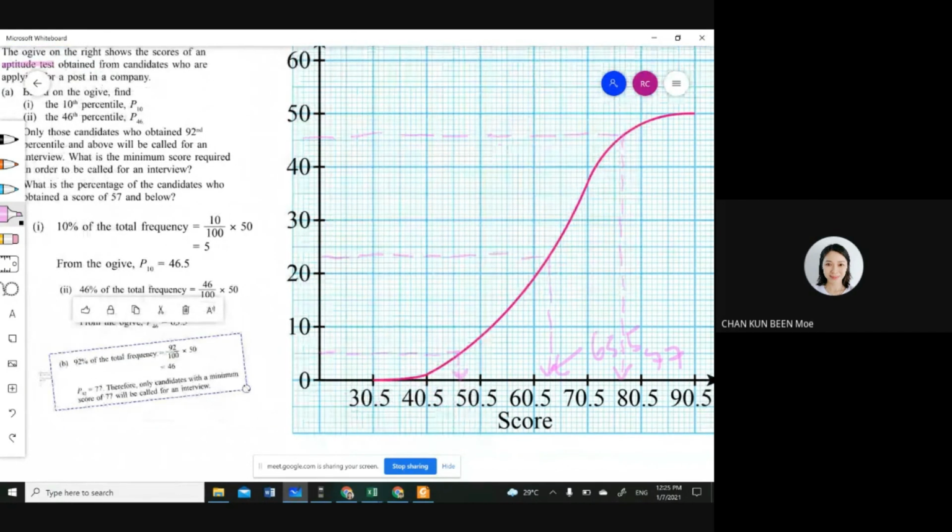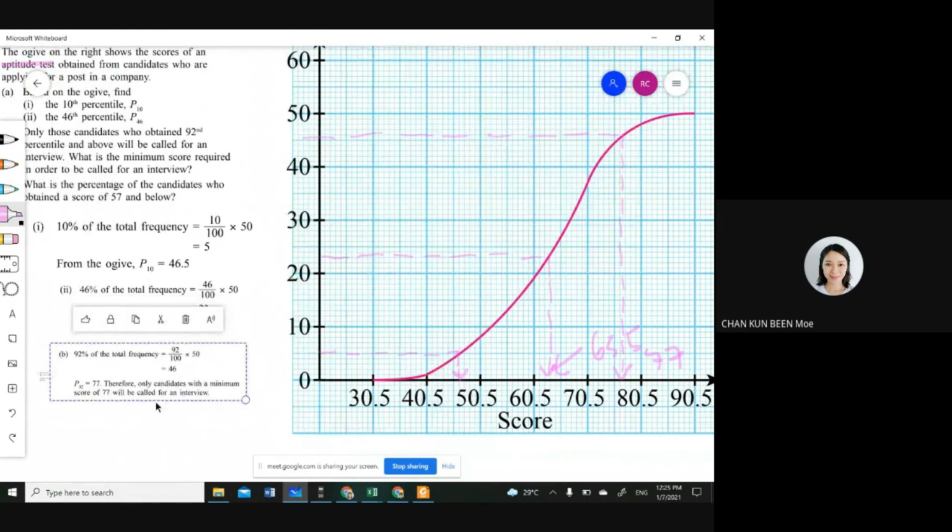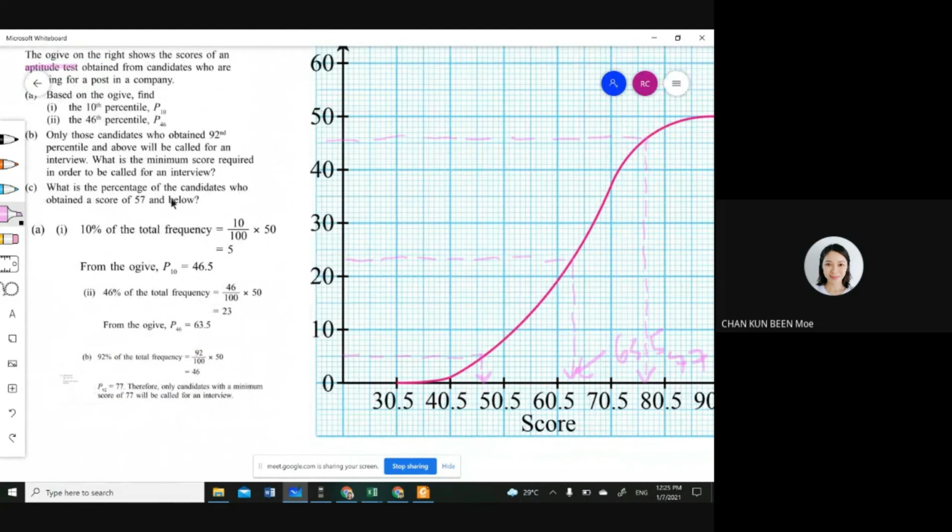Last question. What is the percentage of the candidates who obtain a score of 57 and below? So same thing over here, we need to find out how many candidates get 57 and below. So to get 57 and below, what do you do?